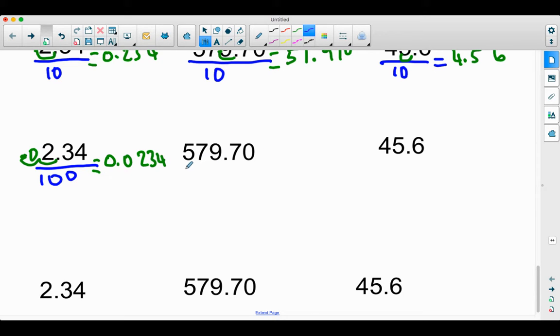579.70 divided by 100. We are going to move the decimal point 1, 2 places to the left. So that will give us 5.7970.